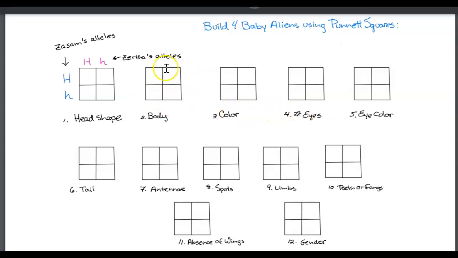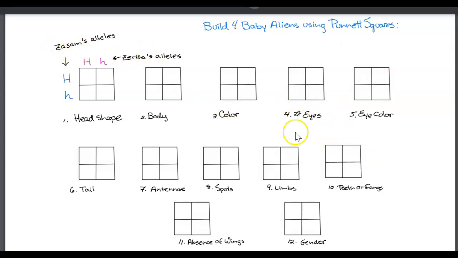the eyes. So putting what the different allele possibilities are for each of the parents. So Zertha is here, and Sazam's here, and then you're going to cross them, following that same pattern of creating these 4 squares with those combinations of the 2 alleles from Zertha and from Sazam.